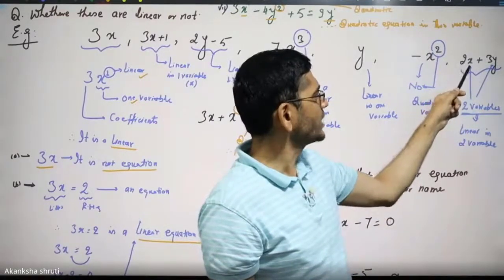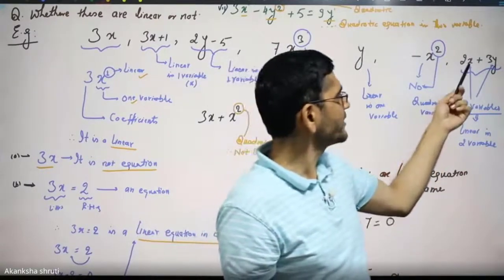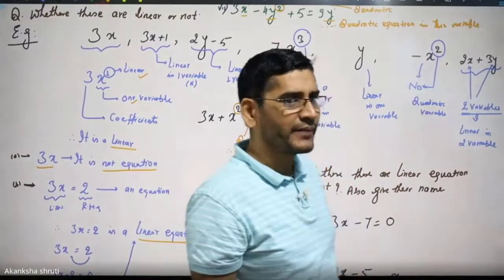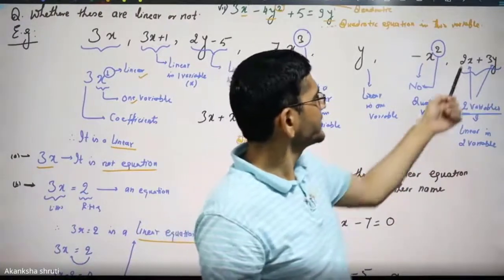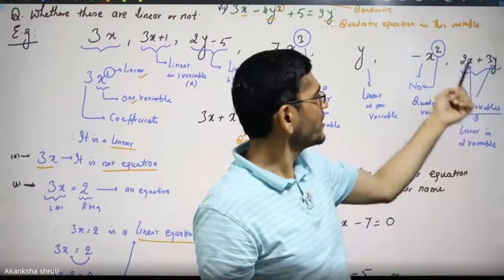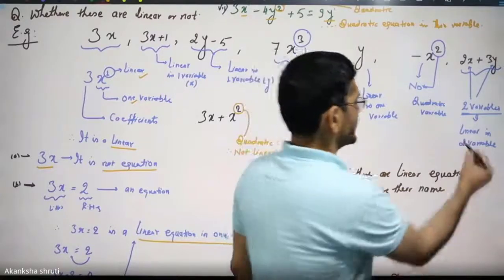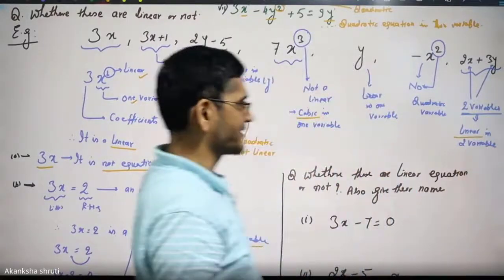Example, 2x plus 3y. Here we get two kinds of variable, one is x, another one is y. But the power of x is 1 as well as the power of y is 1. So the highest power of the variable is 1 only, therefore it is linear. That we have to observe.